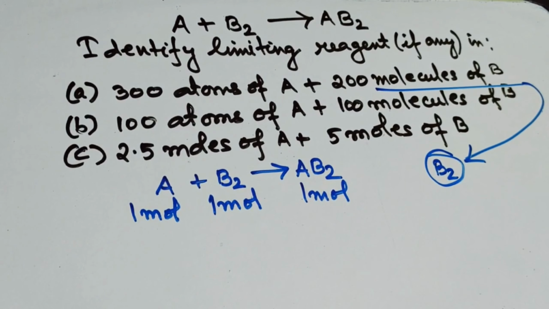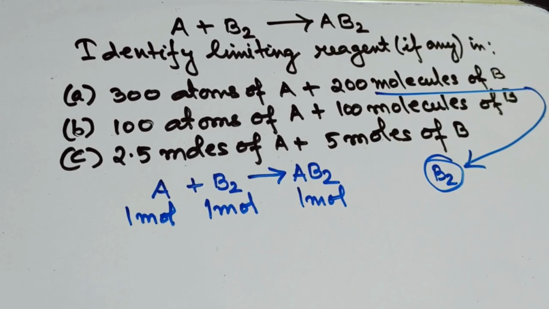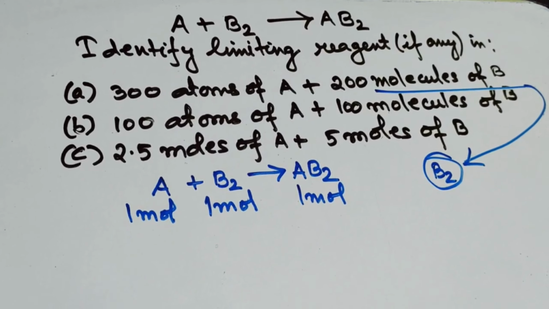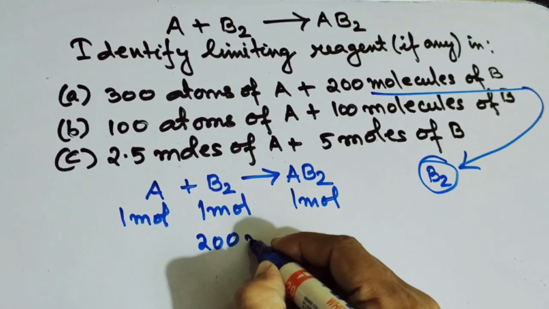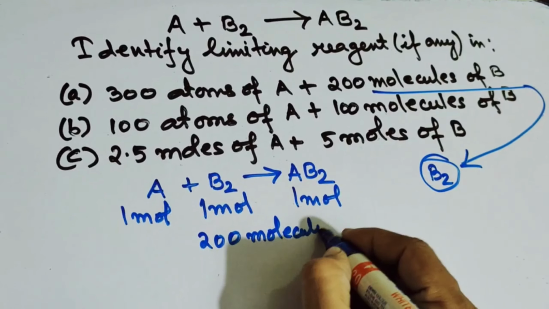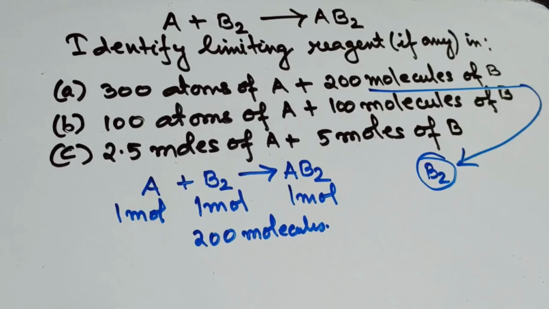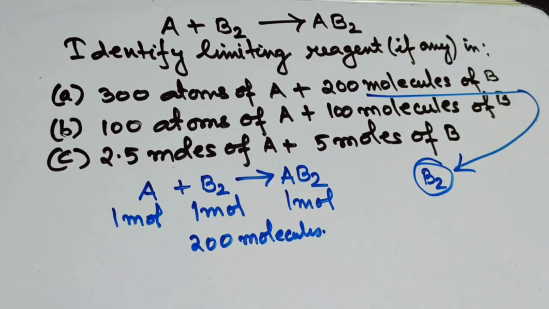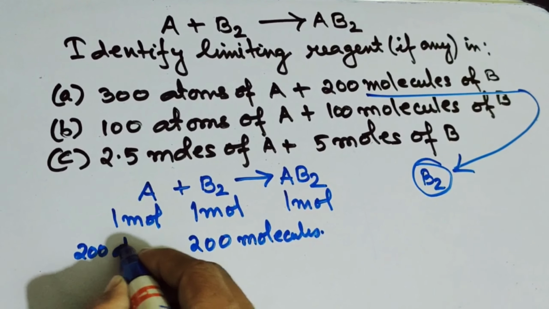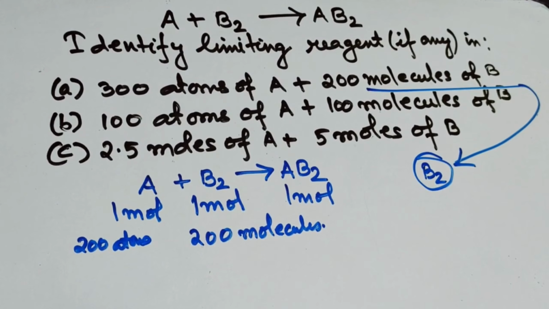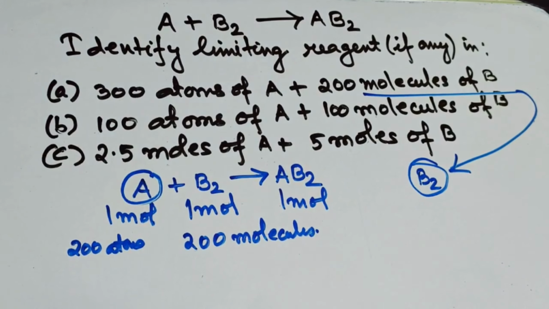So if 1 mole of B2 reacts with 1 mole of A, then we can say that 200 molecules of B that exist as B2 will obviously react with 200 atoms of A, because here again A is shown as monoatomic.